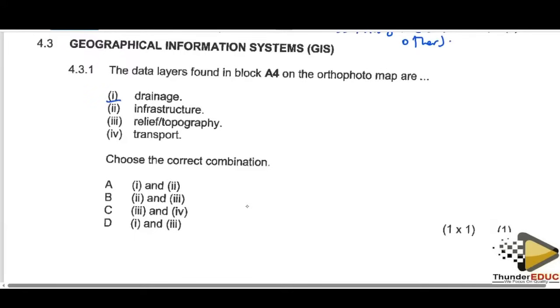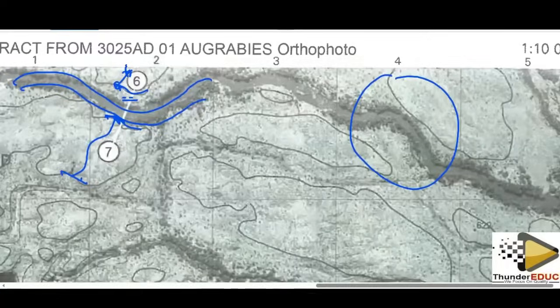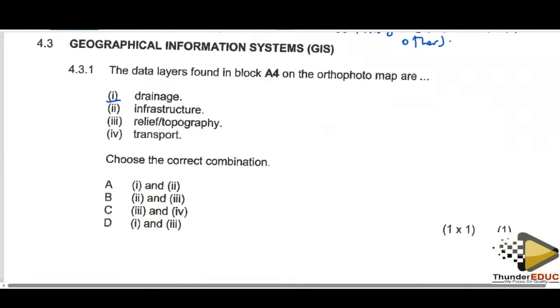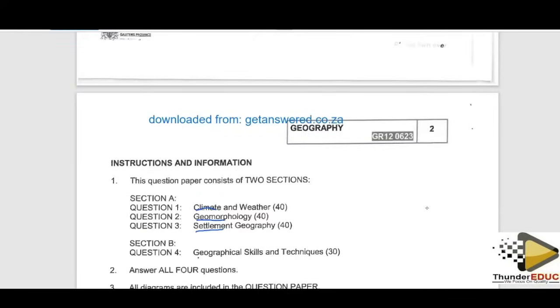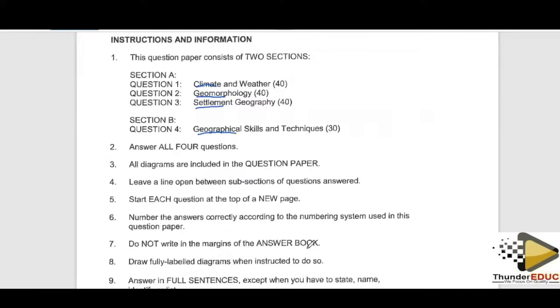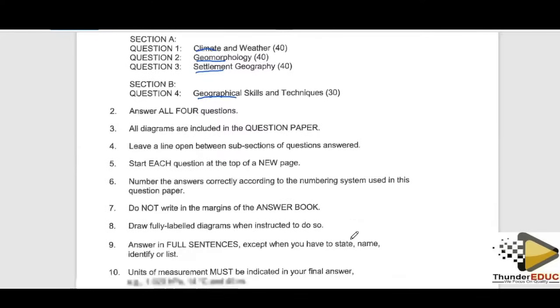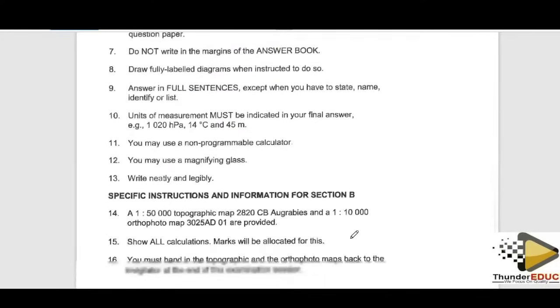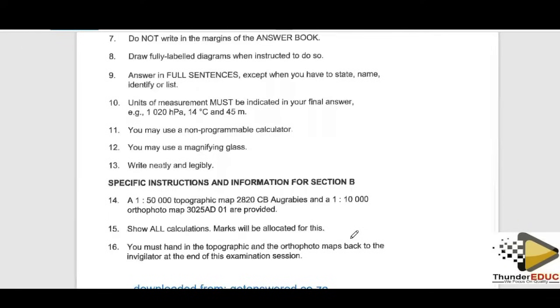Like you mentioned, this is a river which forms part of the drainage. Another factor, there is infrastructure as well, GIS, which also includes map work skills and techniques. All right, so those are the instructions as usual. I think I'll leave that for now.